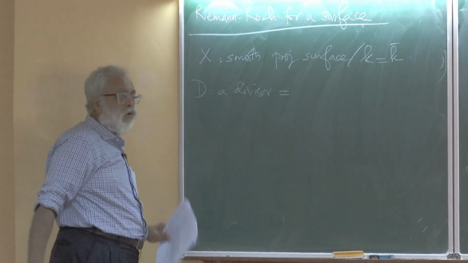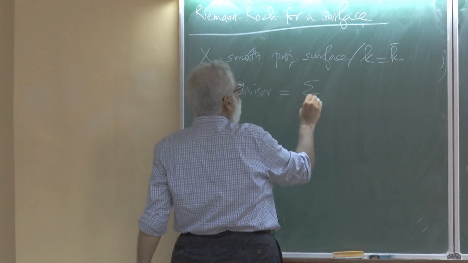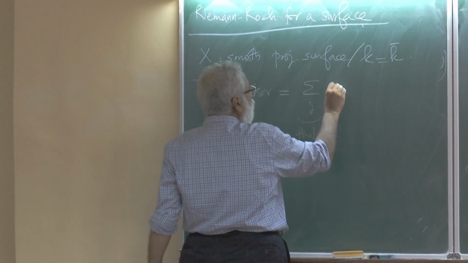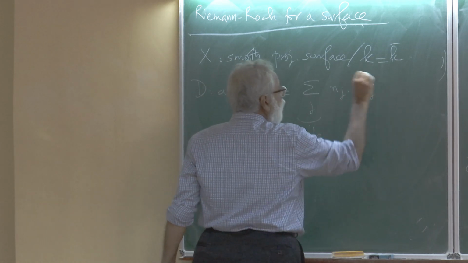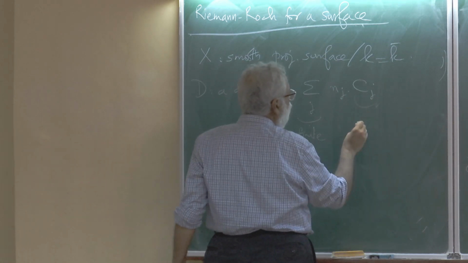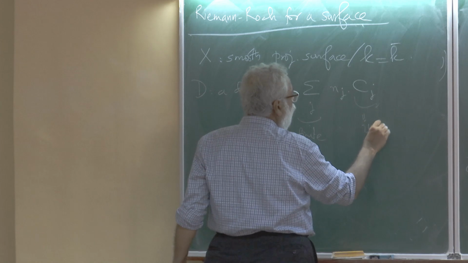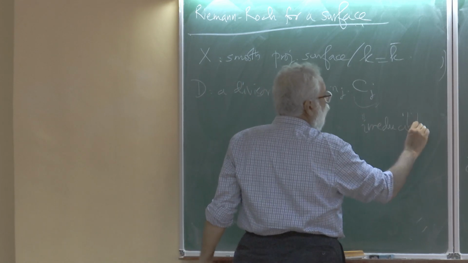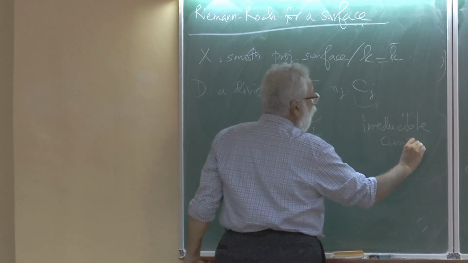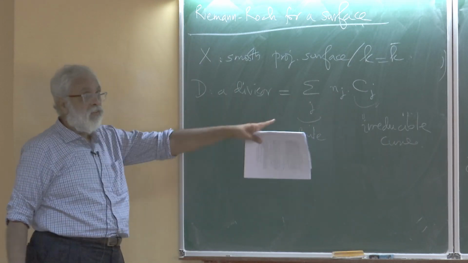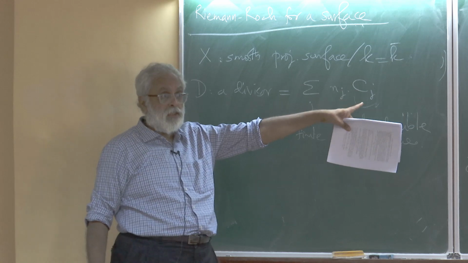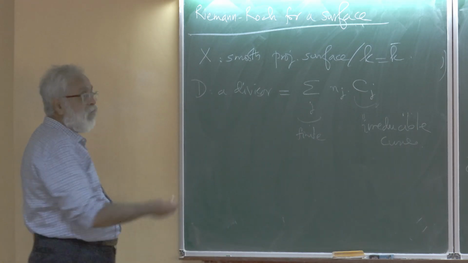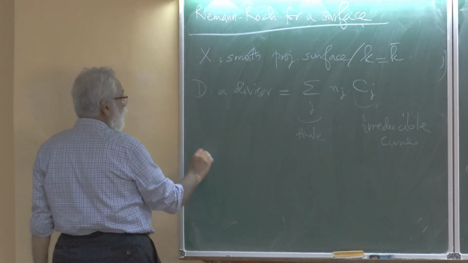So what does such a thing look like on a surface? It's a sum over j in a finite set, n_j, some integer, but now instead of points I have curves. So a divisor on a surface is a finite formal linear combination of irreducible curves on the surface. Well, divisors are some kind of codimension 1 cycles.